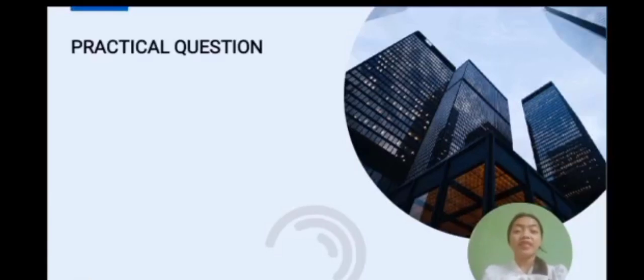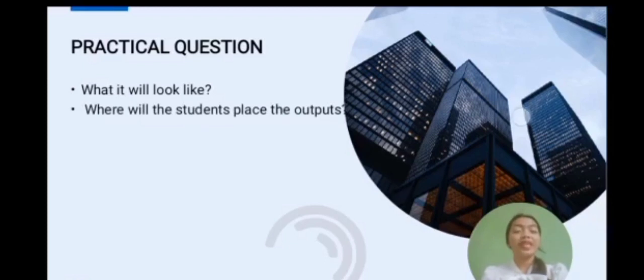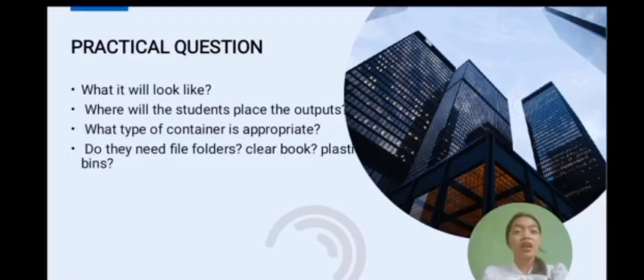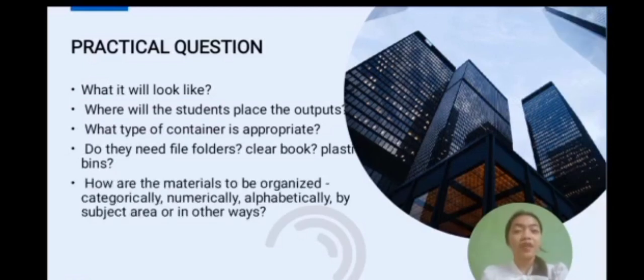I have here some practical questions that may affect the successful use of portfolio in our classroom. First, what will it look like? Where will the students place the output? What type of container is appropriate? Do they need file folders, clear books, and plastic bins? How are the materials to be organized?